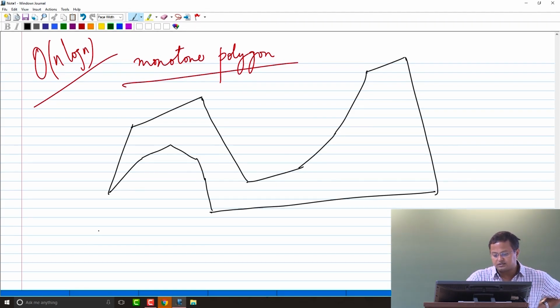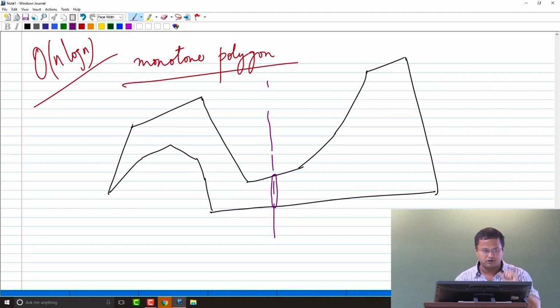So, what it means is, if you draw a y line, then it cuts the polygon. If you look at the intersection of a y line with this polygon, it will give you a connected component, right. Think of a line anywhere. The intersection of this line with the polygon is this, so it is a connected component.